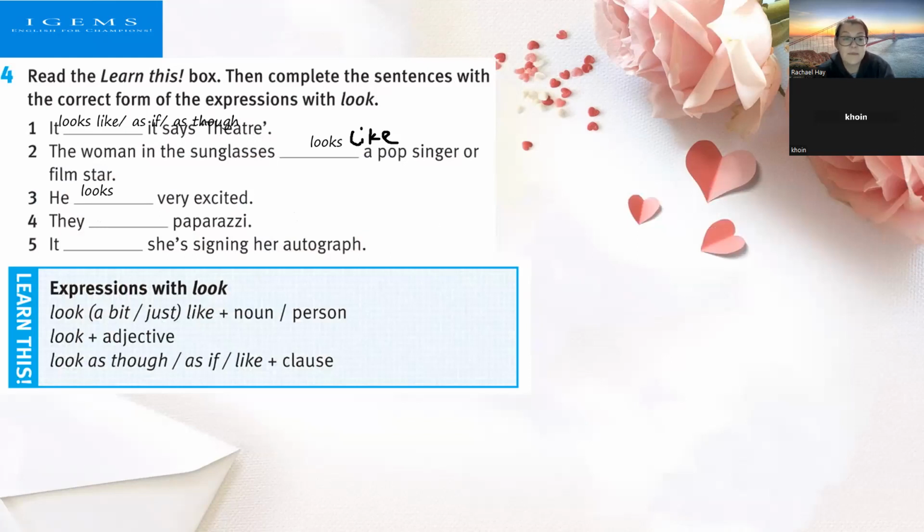They something paparazzi. Look like. They look like paparazzi. Good. It's something she's signing her autograph.